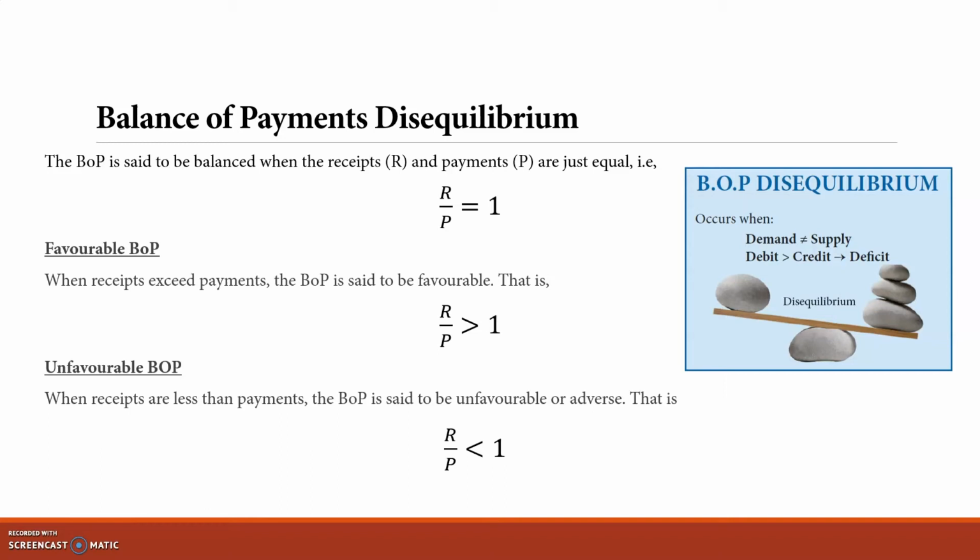So in the box diagram also it is said clearly, equilibrium position means balance. On the other side, debit greater than credit means deficit, but debit less than credit means surplus.